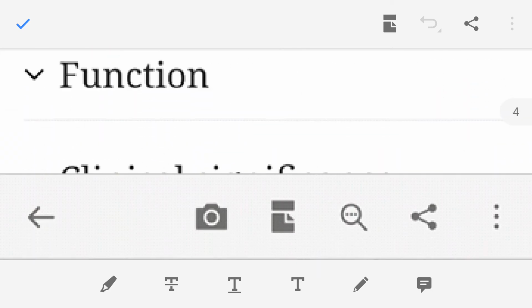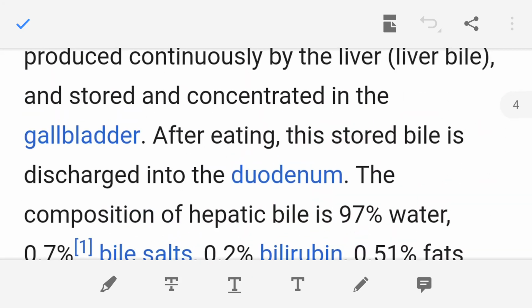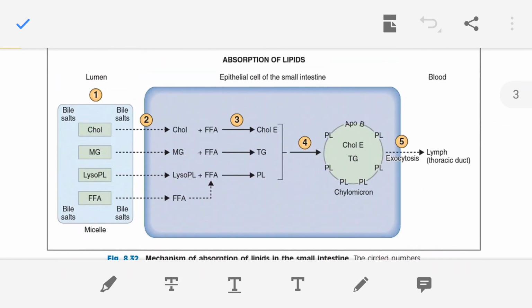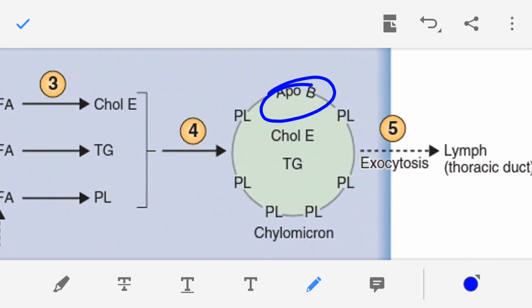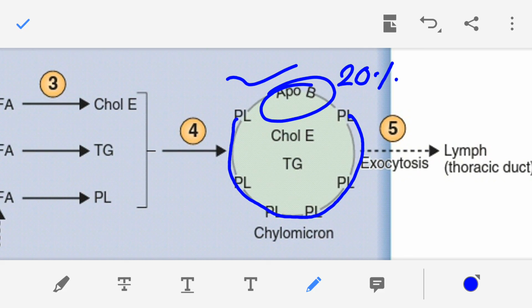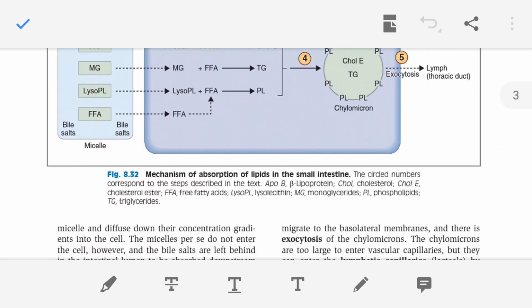So once again we are moving back, and if you see this chylomicron, only 20% of the portion is covered by the apoprotein, and the rest of the 80% area is covered by phospholipids.